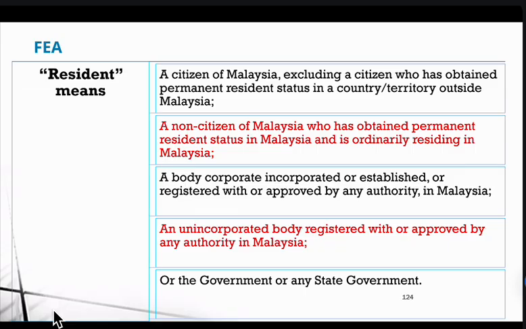First question I'll ask you is, what is the definition of resident? So this is what they mentioned in the slide. And let me test your understanding here. I want everyone to give me your answers in the chat.